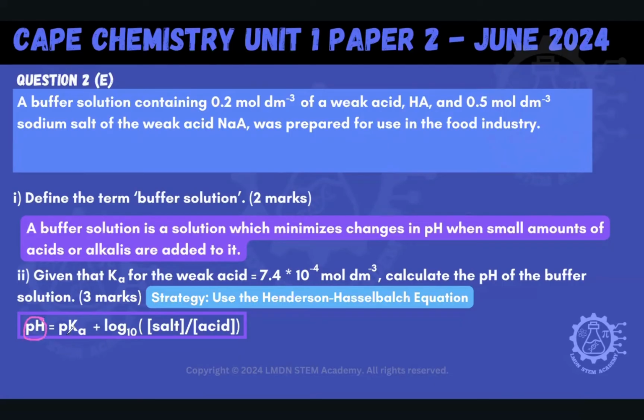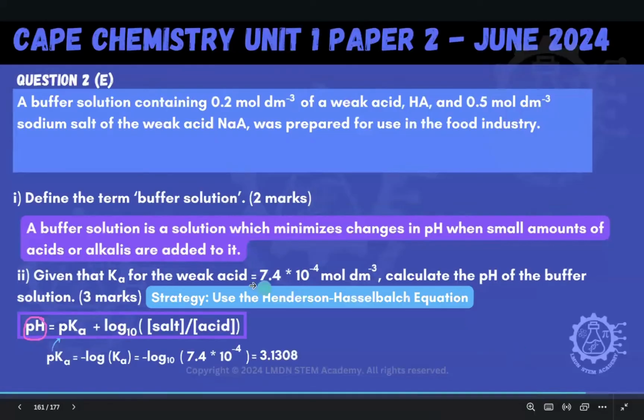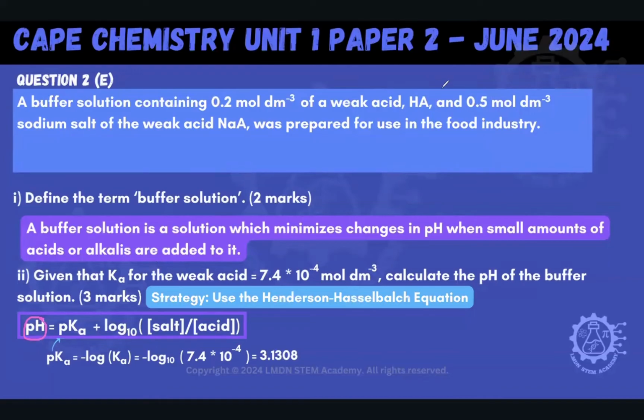So we know pKa. Here's how we're going to find it. We know Ka, so automatically we know pKa. pKa is equal to the negative log of the Ka, so we do negative log to the base 10 of 7.4 × 10^-4, and that gets us a pKa value of 3.1308. So we have this first part. Now we have the salt concentration that we were given up here, it's 0.5. That's what we put in for the salt.